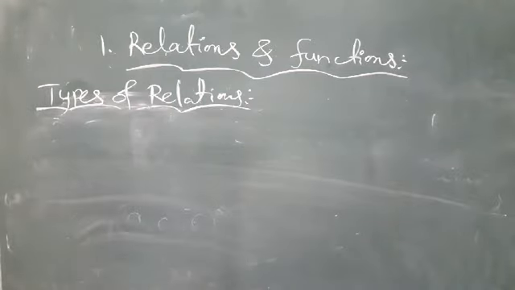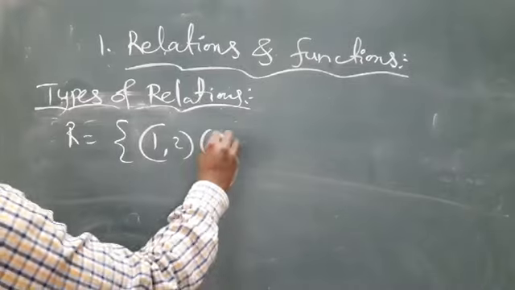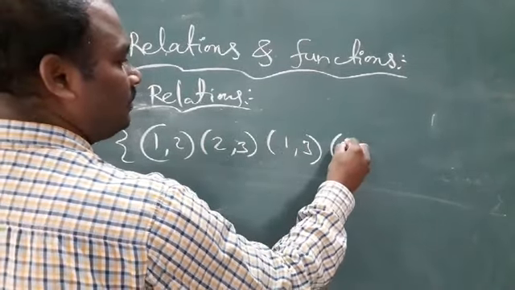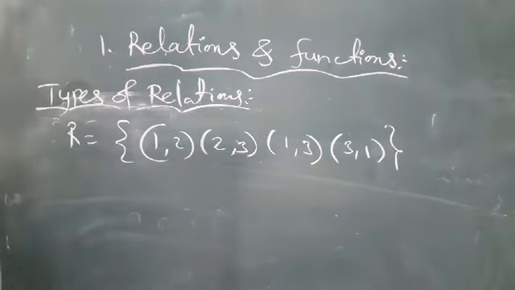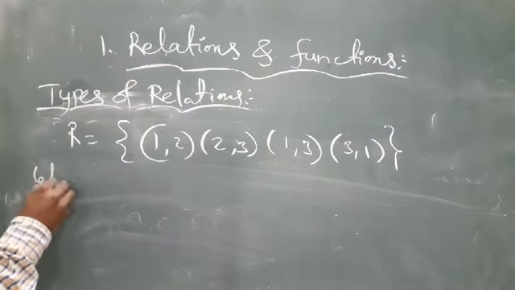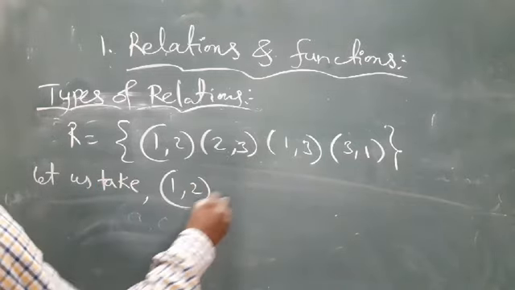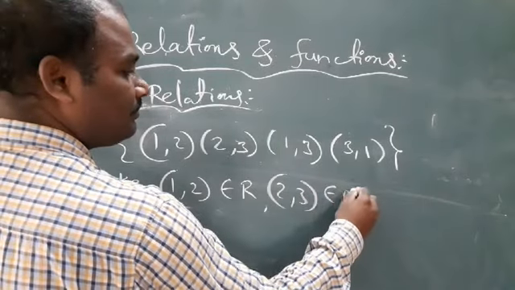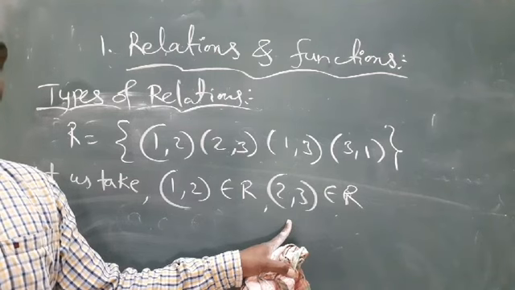You can take any relation R: (1, 2), (2, 3), (1, 3). Okay, (3, 1). Okay, now we can just prove it. Let us take (1, 2) belongs to R, yes. (2, 3) belongs to R, yes. We can take two pairs. First, what to do?